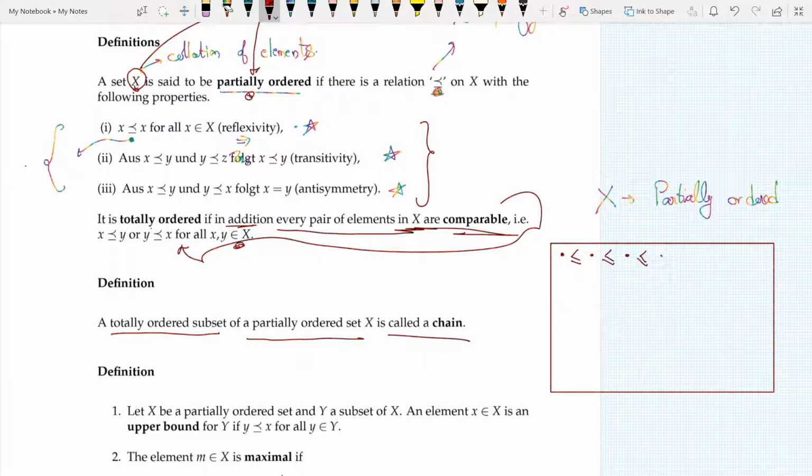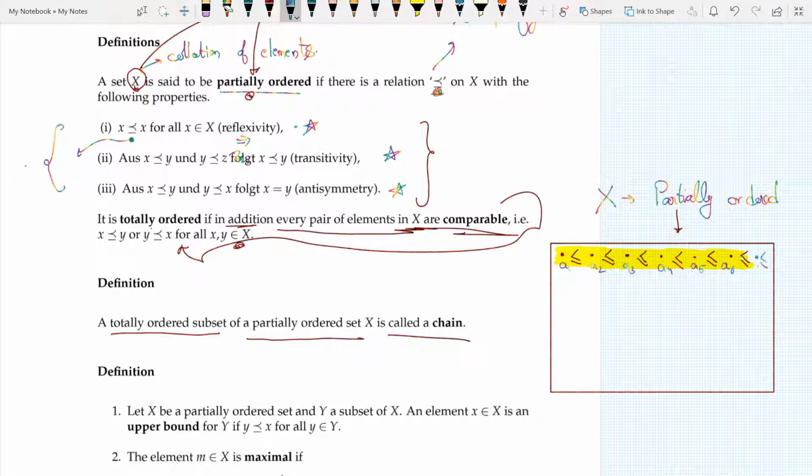Now, within my partially ordered set there exist chains, which means that this set of elements, let me use a different pen to highlight them. What do I mean by a chain? A totally ordered subset of a partially ordered set X is called a chain.